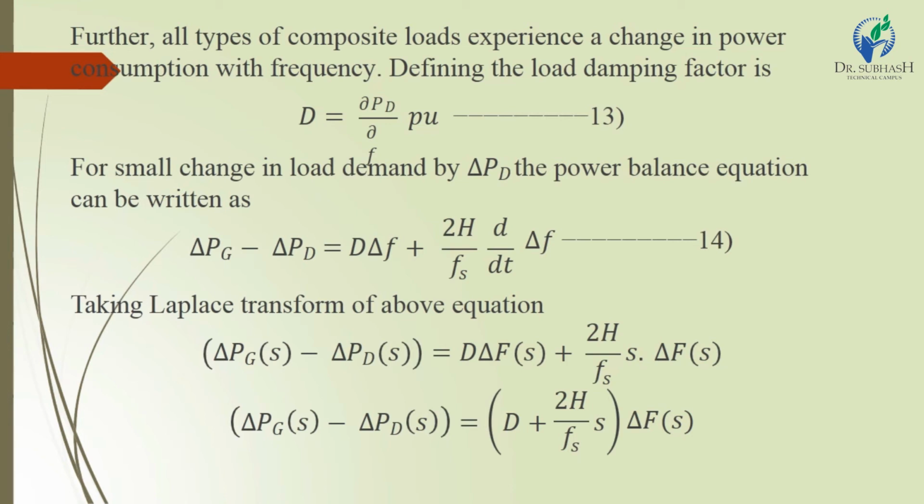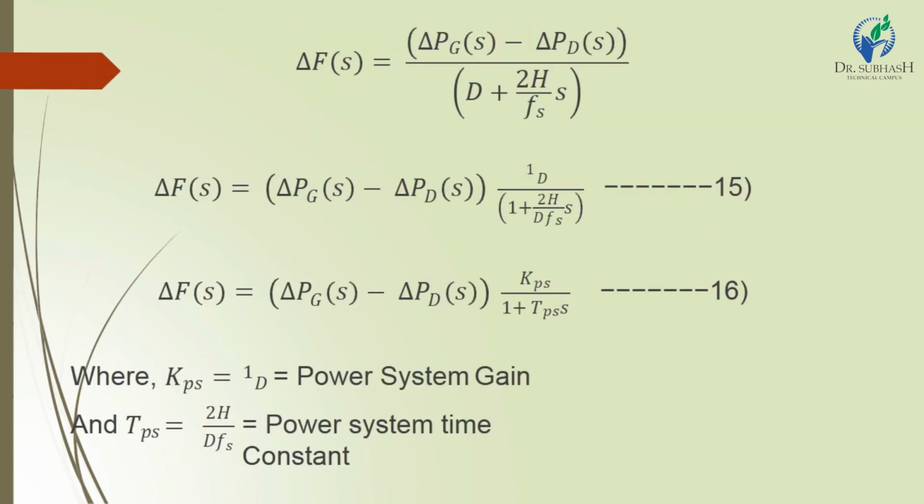Taking the Laplace transform of both sides, we can write ΔPg(s) − ΔPd(s) = D ΔF(s) + 2H/fs s ΔF(s). So ΔF(s) = [ΔPg(s) − ΔPd(s)] / (D + 2H/fs s).